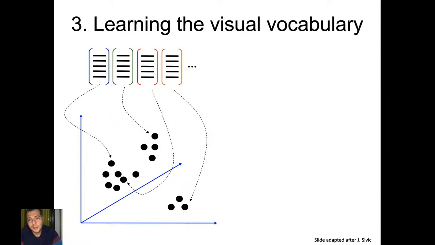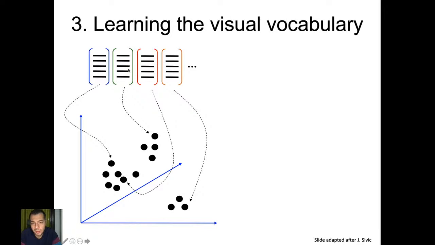Okay, so the blocks from the HOG representation can be used as descriptors for images. You can take these vectors and cluster them.